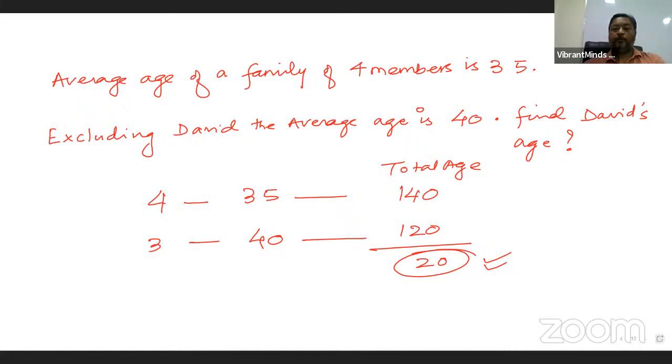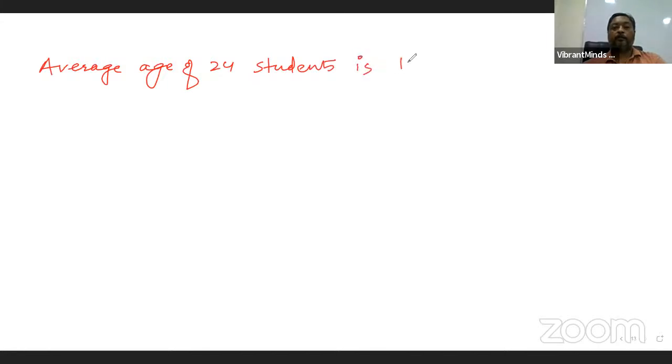Clear? Now see, another example. Average age of 24 students is 14 years.